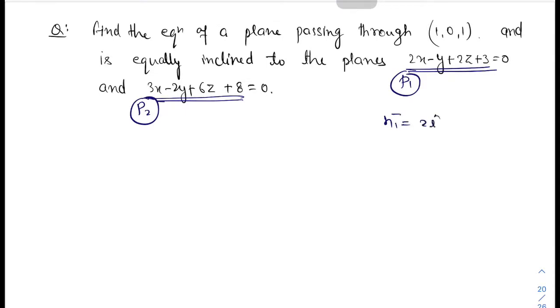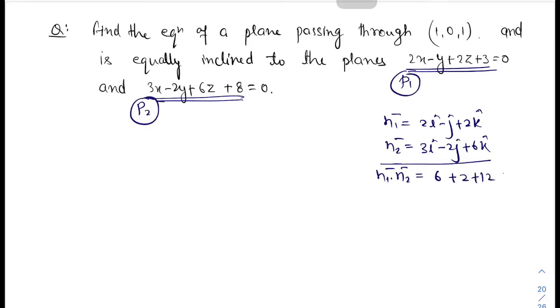N1 is 2i minus j plus 2k cap, and N2 is 3i minus 2j plus 6k cap. The dot product is 6 plus 2 plus 12, which is not equal to 0. It means the planes are not perpendicular, and N1 is also not parallel or collinear with N2, so we can easily say that these planes are not parallel also. So these planes are going to intersect.